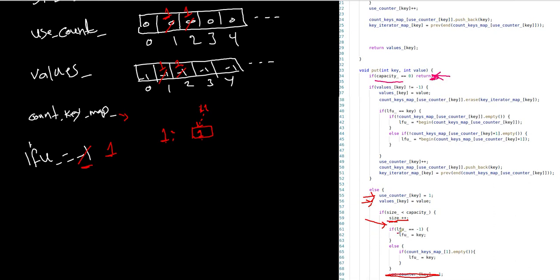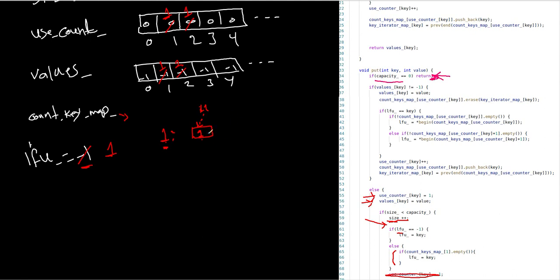Then is least frequently used -1? No, because the variable is 1. Then we go to this if statement and check if the count keys map of 1 is empty. It's not empty, so we don't update the key, we only update it if it's empty.